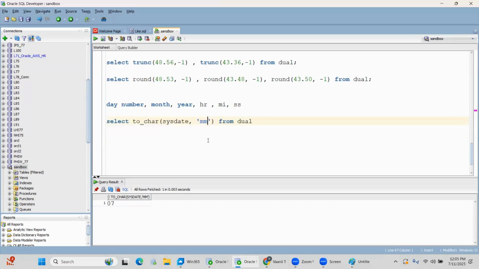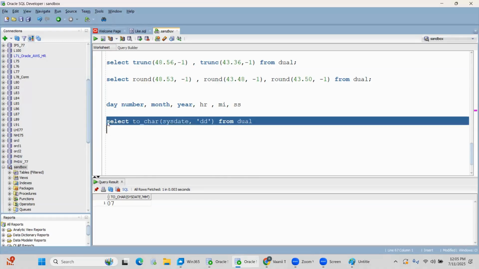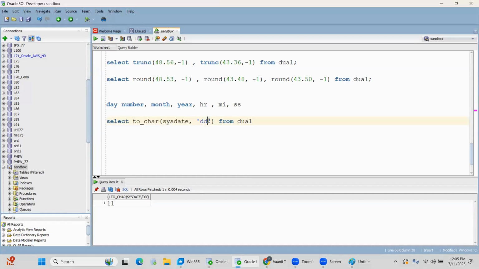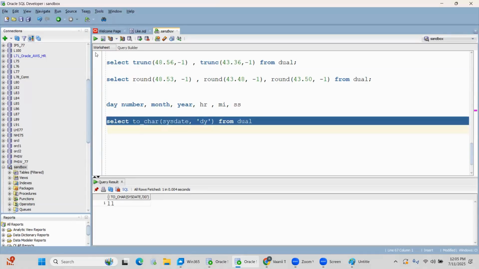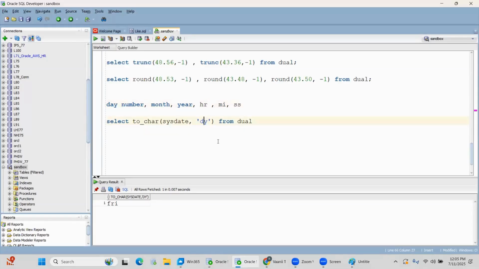Suppose I want the day number. Got it? If you write just DD, it will give you the day number. If you want just the day name, you can write it like this. And if you want the full name, you can write day.